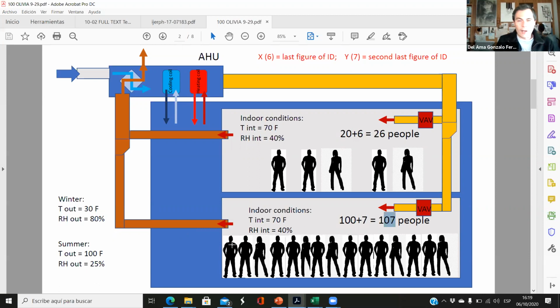We can have 100 people, then we have 20, then we have 0, then we have 200. When we have these kinds of buildings, the software gets more and more complicated. So this is what we have to do now.